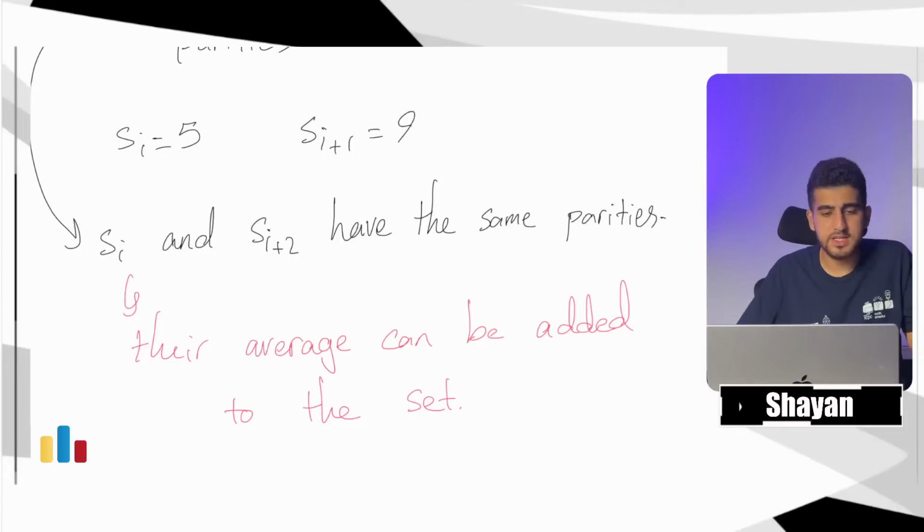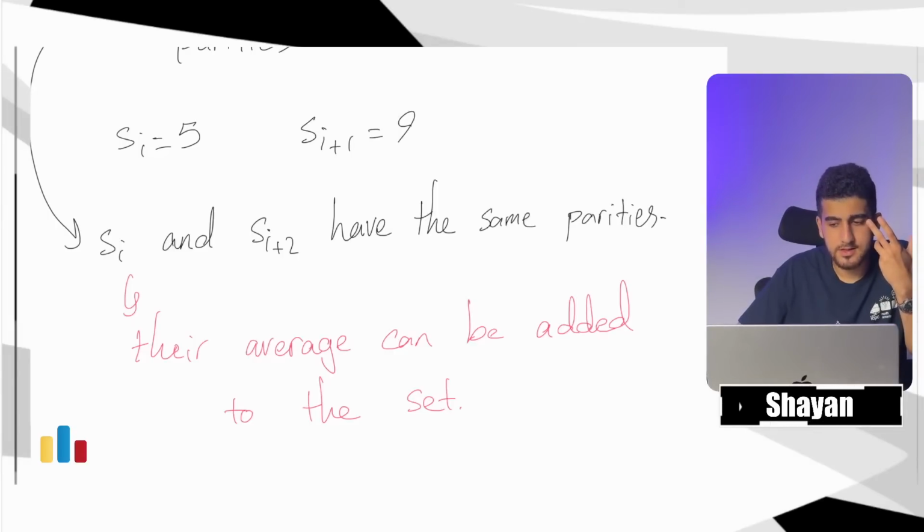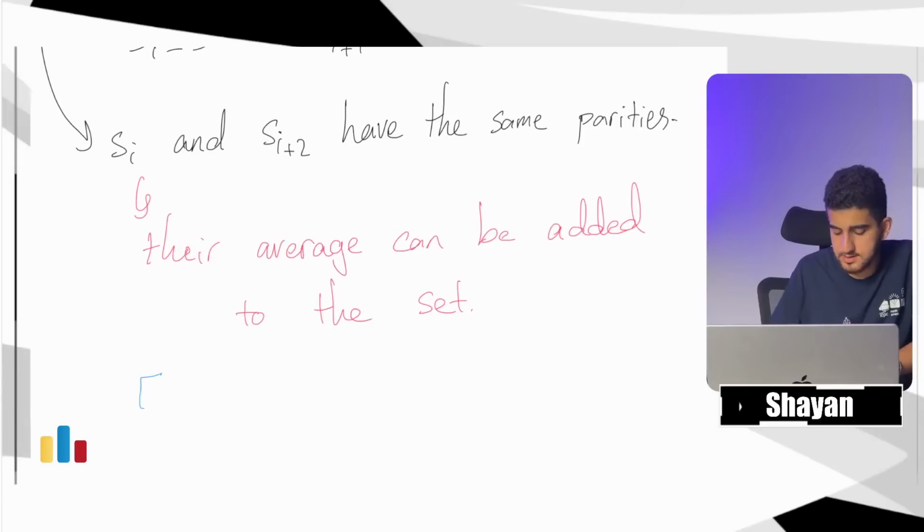So what does that mean in our equilibrium? Their average can be added to the set, right? And also we said that everything that can be added is already added.